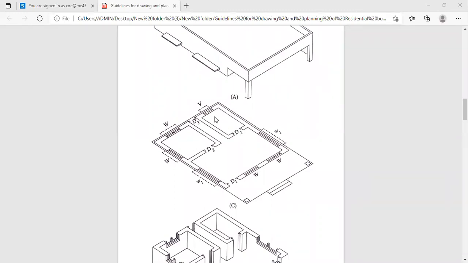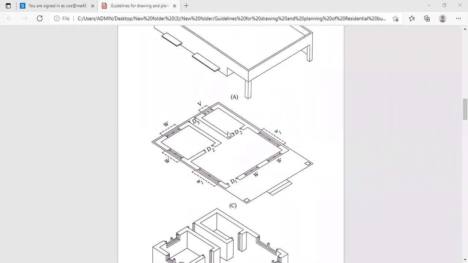At the time of provision of the wall thickness, you have to take due care whether the interior dimension of the room, as per the requirement, is sufficient or not. If it is not sufficient, then you have to provide that wall thickness line towards the outer side, not to the inner side. According to that, you have to go for it.